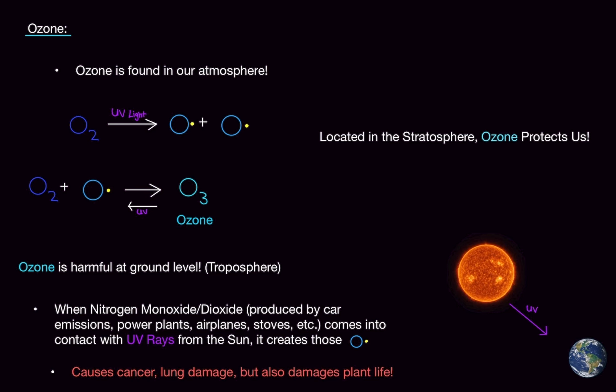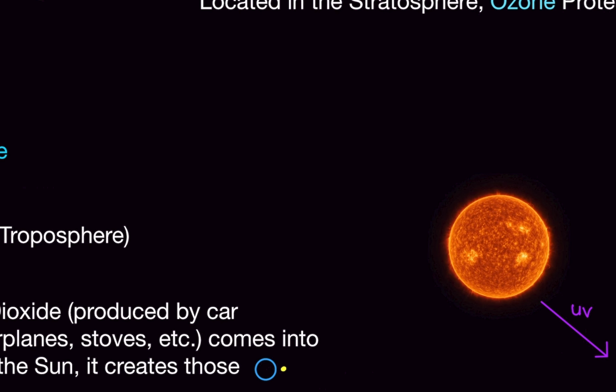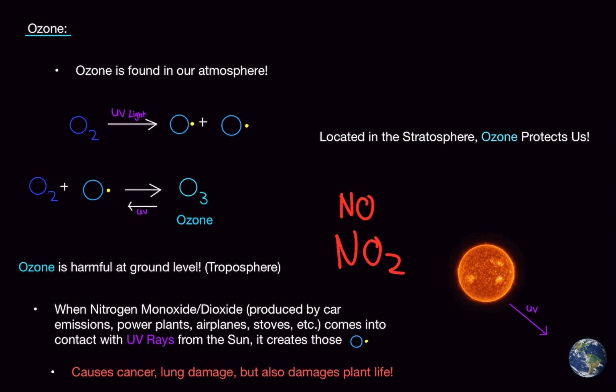So the nitrogen and oxygen, so let me do this. Nitric oxide and nitrogen dioxide. When UV rays come into contact with these, it splits up the oxygens and creates the radicals. Now, the radicals are going to form with molecular oxygen to create ozone.